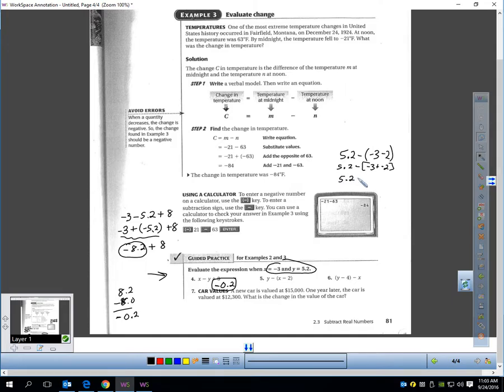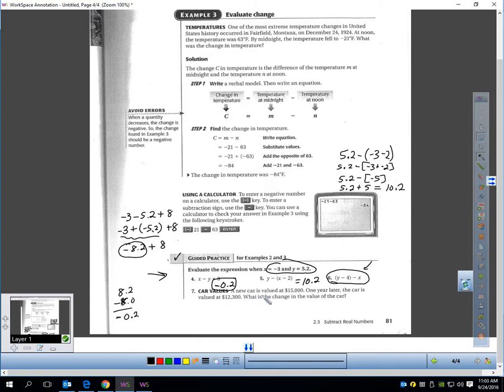So I have 5.2 minus negative 5. And I'm not going to subtract. I'm going to use the rule we learned today. 5.2, and I'm going to add the opposite amount. 5.2 plus 5 is 10.2. That would be the answer to number 5. Okay? You can try number 6 on your own, and you can look that up on the answer key.